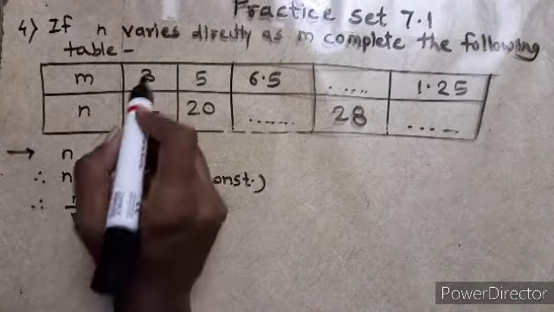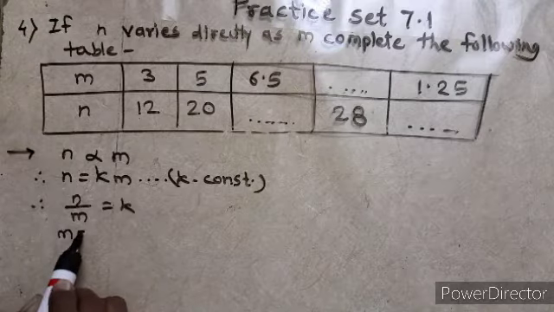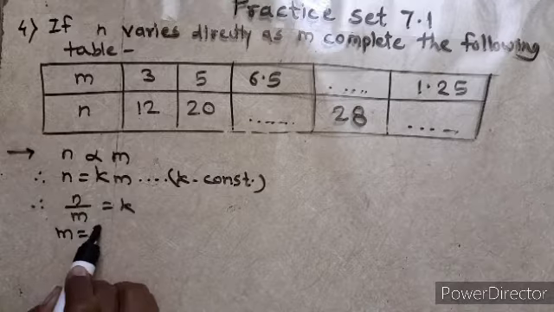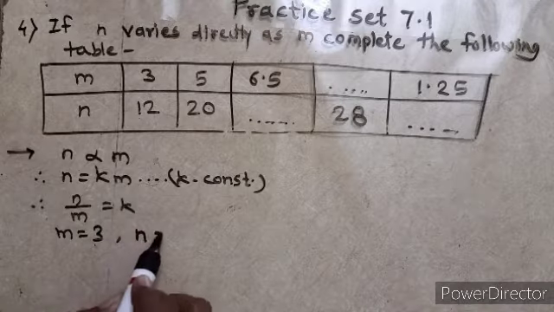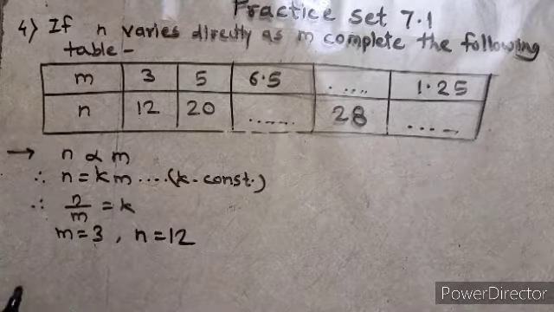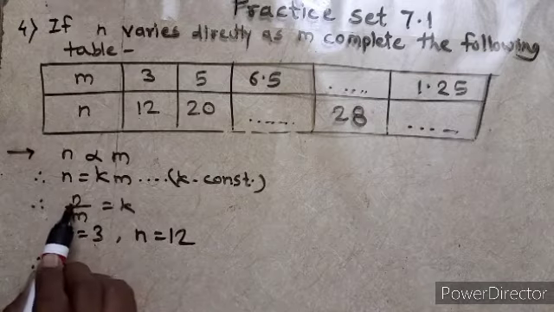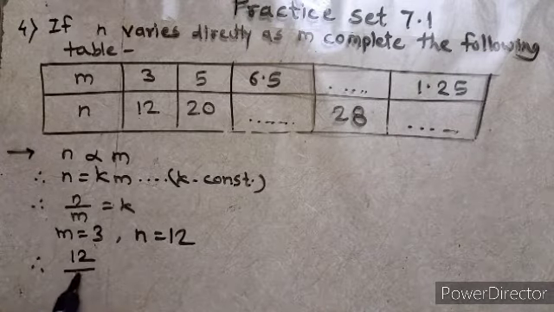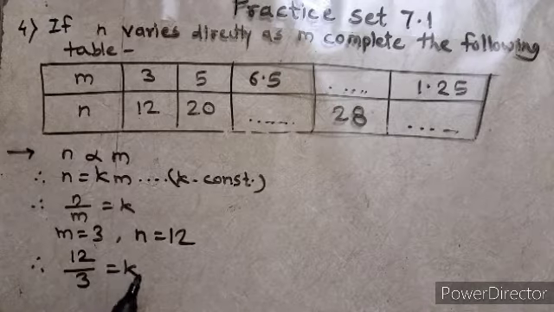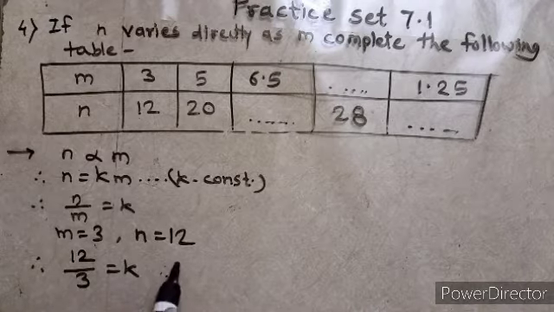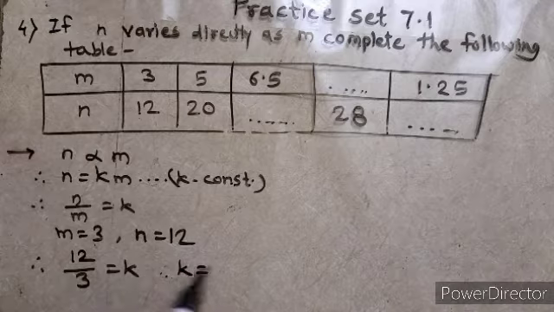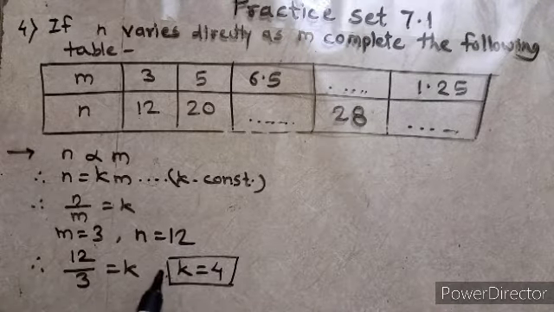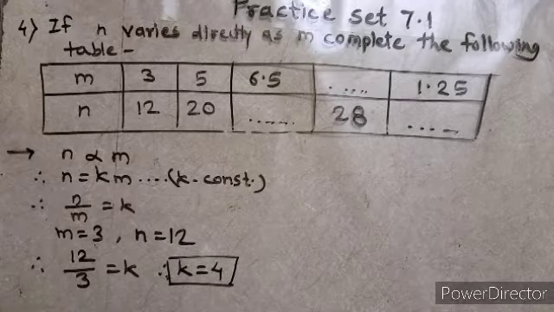Here m is equal to 3 and n is equal to 12. So put this value in this equation. 12 upon 3, that is equal to k, and therefore k is equal to 4. This is the equation constant.